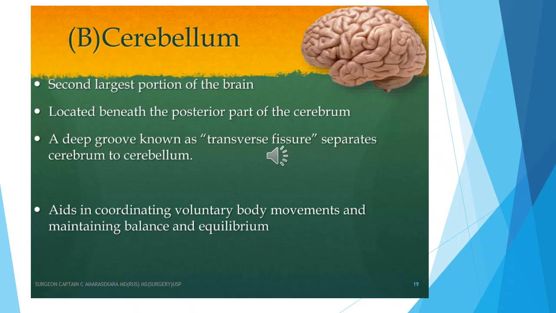This structure is the brain's coordinator-in-chief, responsible for fine-tuning of voluntary movements, maintaining balance and equilibrium, regulating muscle tone and posture, and timing and rhythm of motor activity. Unlike the cerebrum, which initiates movement, the cerebellum ensures that movement is smooth, accurate, and adaptive.